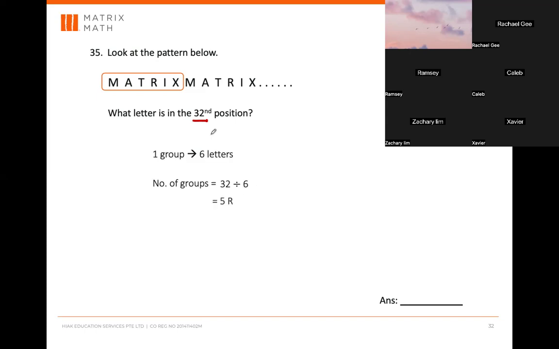That means you have a maximum of 5 full groups of matrix. Now, what will be the remaining 2 letters? So you have 2 letters left over. The 2 letters will be M and A. So, matrix, matrix, matrix. After that, you are left with the last 2 letters, so 1, 2. So the letter is A.